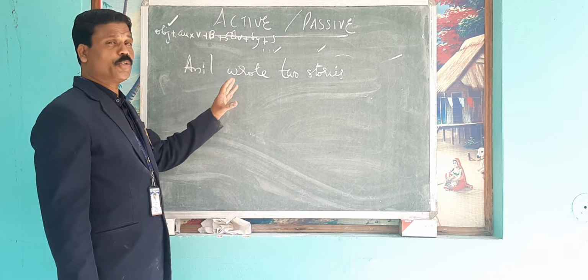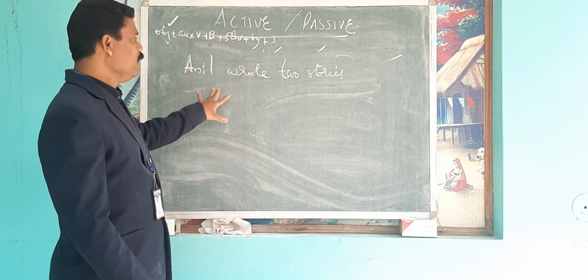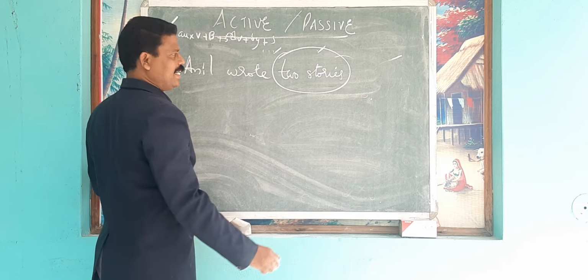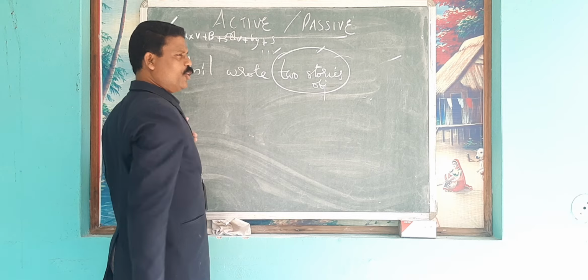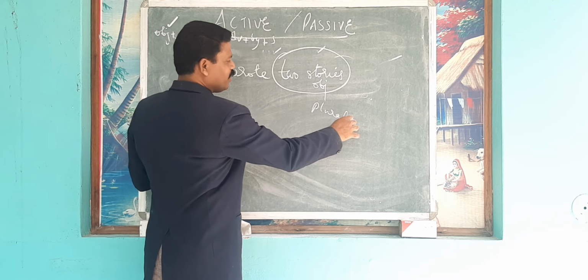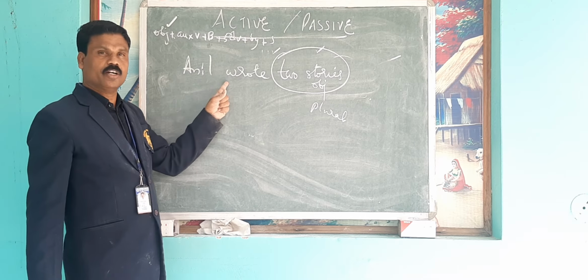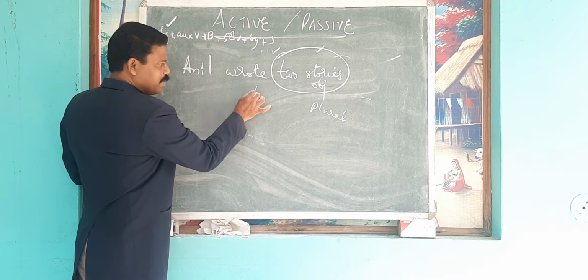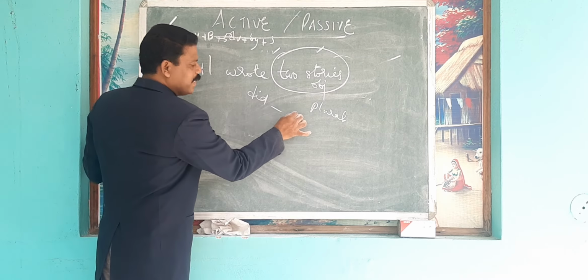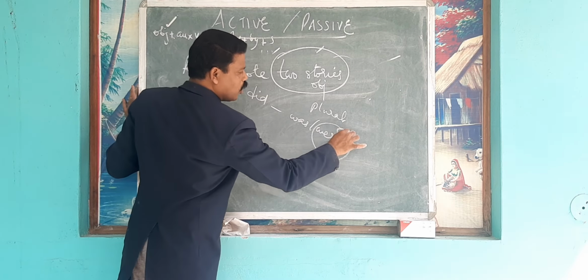Anil wrote 2 stories. First step, identification of object. Anil wrote what? 2 stories. That is the object. Singular or plural? 2 stories, plural. Third one, identification of auxiliary verb. There is no auxiliary verb. Wrote, second verb. Second verb means did. As told before, if there is did, did will be replaced by was or were. Here it is plural, so you got auxiliary verb were.